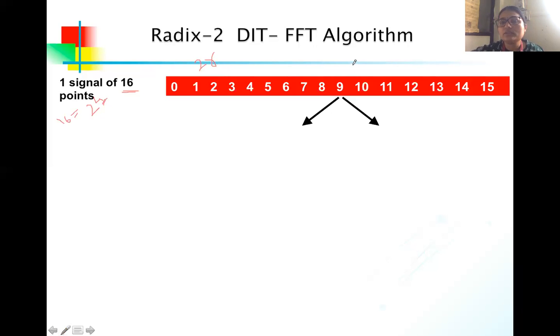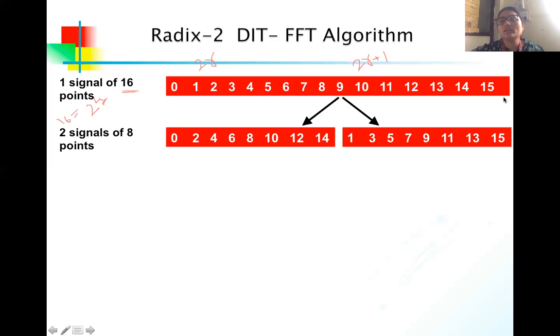And for odd values, how do you get them? 2R plus 1. If I substitute R is equal to 0, my first odd value will be 1. Then I will get 3, 5, 7, 9, 11, 13 and 15.